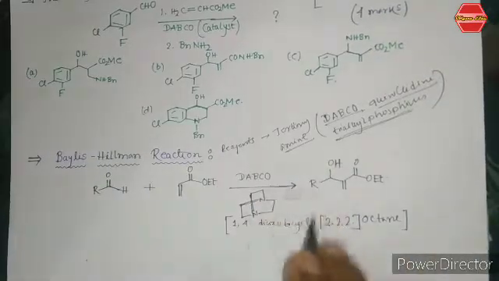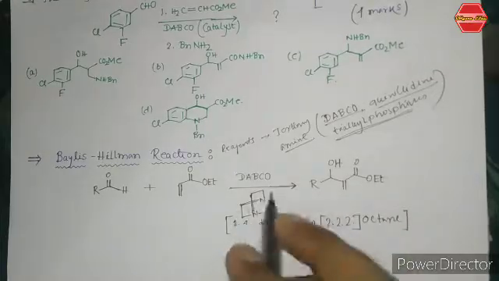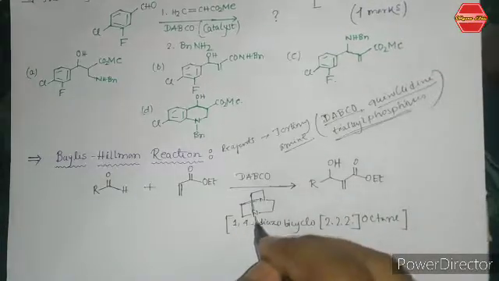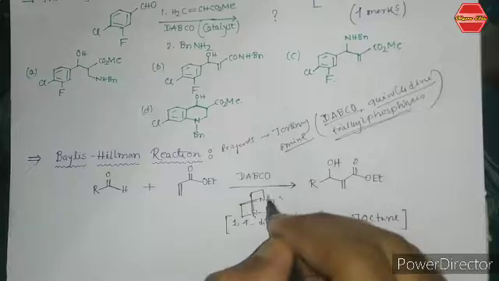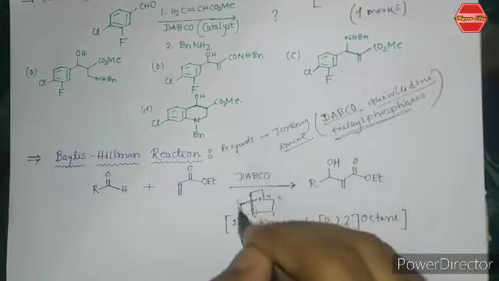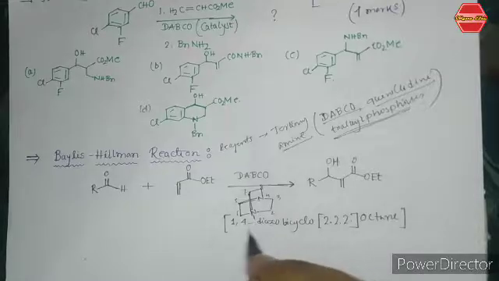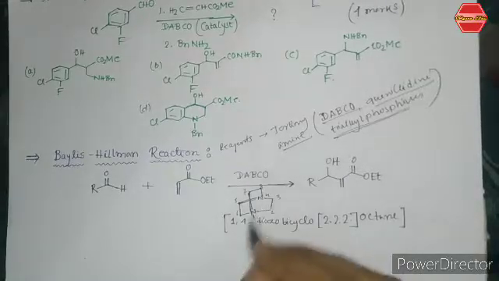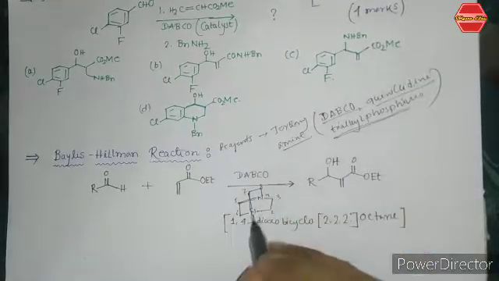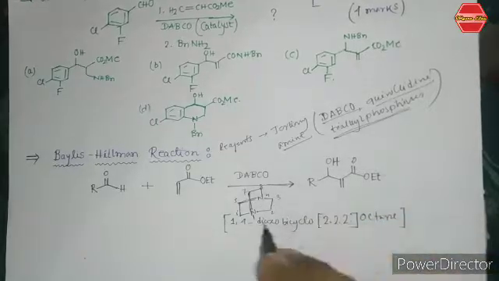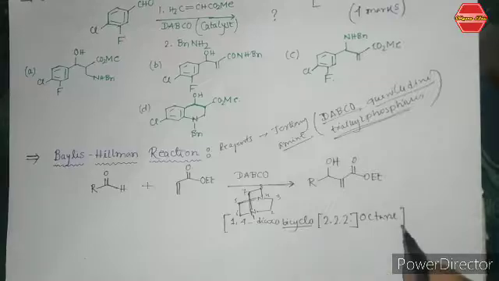Now see how the naming of this compound works. There is a numbering from here: 1, 2, 3, 4, 5, 6, 7, and 8. This is 8 carbons, and numbering from here, positions 1 and 4 are nitrogen, a nitrogen-based compound. That is why it is 1,4-diaza, and this type of compound is generally called a bicyclo compound.